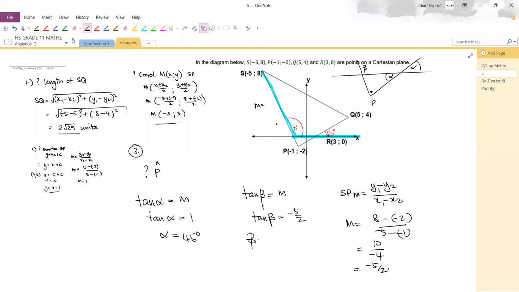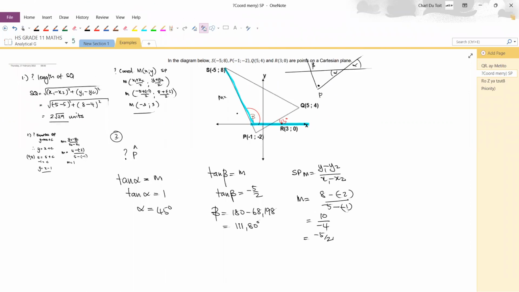So the beta value is 180 minus 68, so I'm just going to add 180 to my calculator. I get 111.8 degrees.